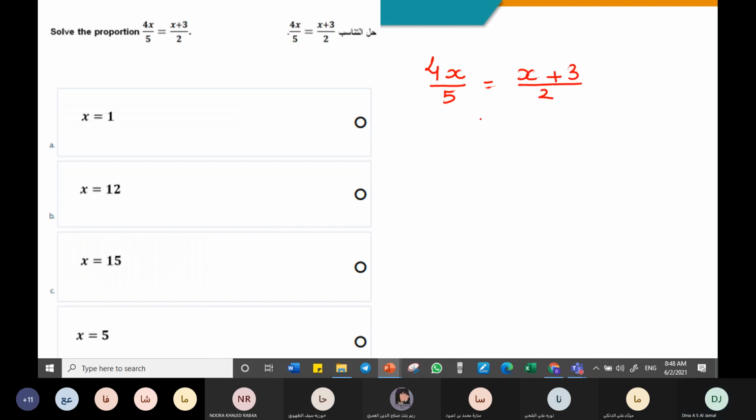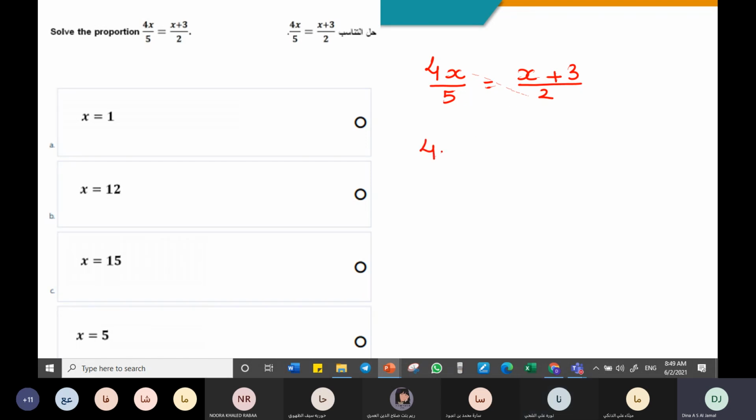Yalla. 4x multiplied by 5? How will you multiply 4x by 5? No, times 2. No problem. So cross multiplying, it is cross 5.